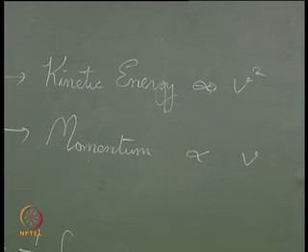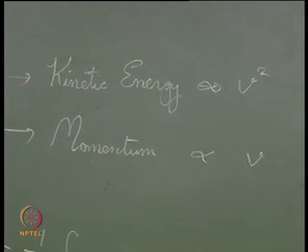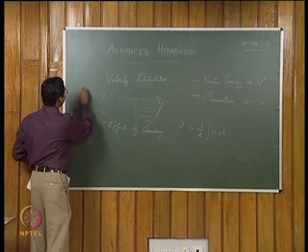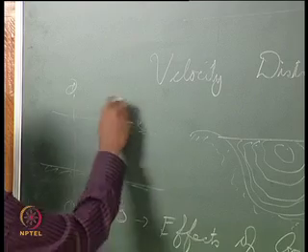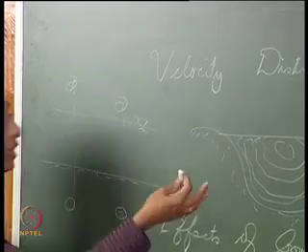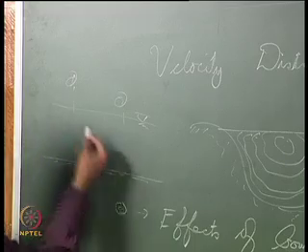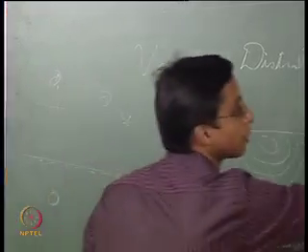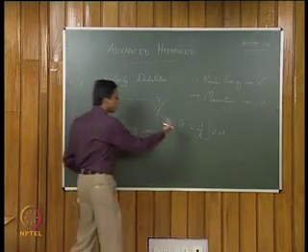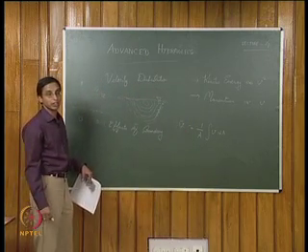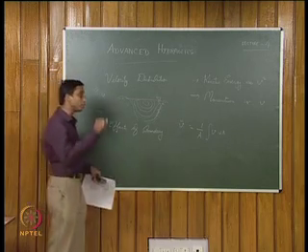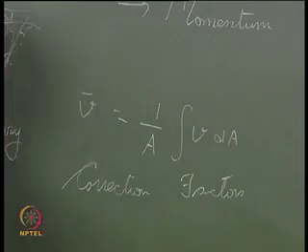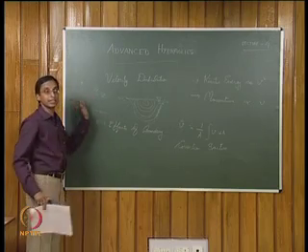Now, if you try to compute the transfer of kinetic energy from one section to another section, taking the channel stretch from one section to another, say the transfer of kinetic energy from here to here, or the transfer of momentum from here to here, and you are trying to incorporate the average velocity, then you need to put some correction factors for computing the momentum transfer or kinetic energy transfer in such channels.